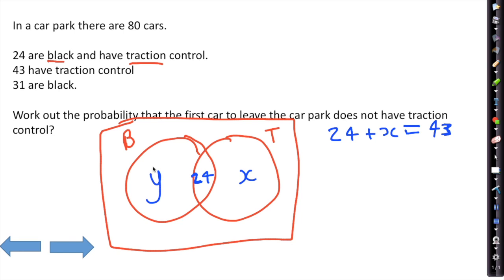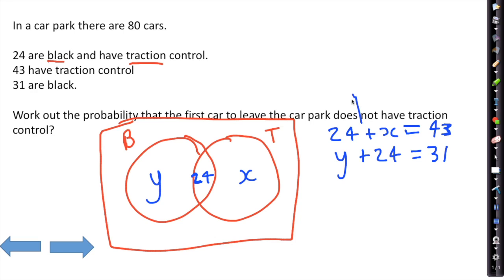And we know the black is y plus 24. So y plus 24 equals 31. So straight away we can actually work out what x and y are.